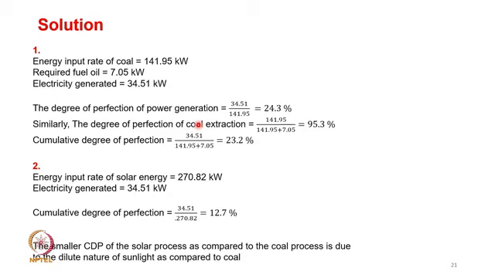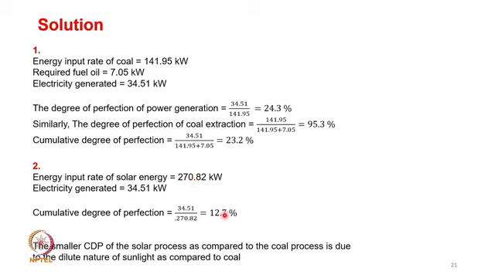Now let's look at the renewable cycle. The energy input from the solar is 270.82, the electricity generated is 34.51, and here the calculation is fairly straightforward. The cumulative degree of perfection is the ratio of the two, about 12%.